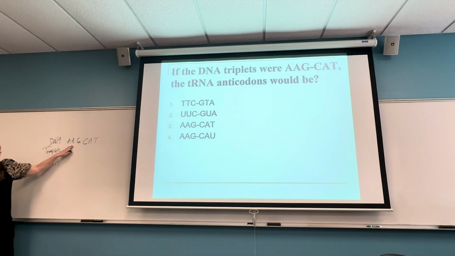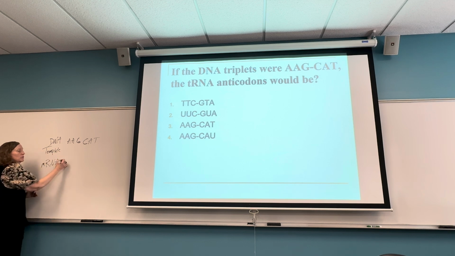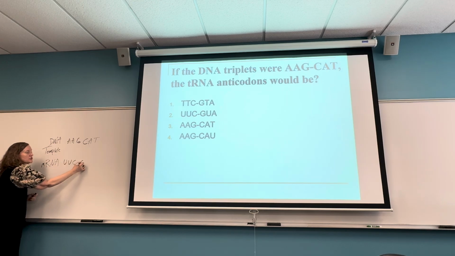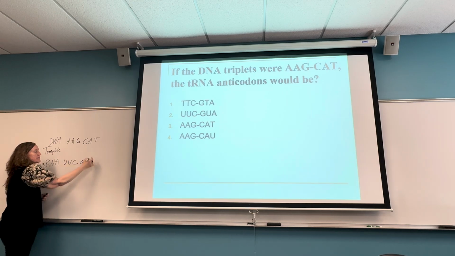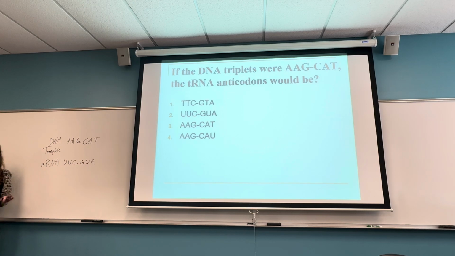So if I have my DNA template, the A will complement U, A complements U, G complements C, C complements G, A complements U, and T complements A. That's the mRNA codons.